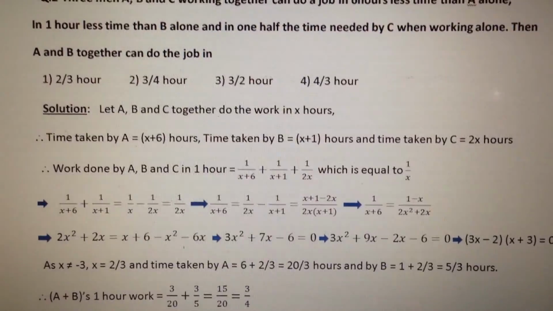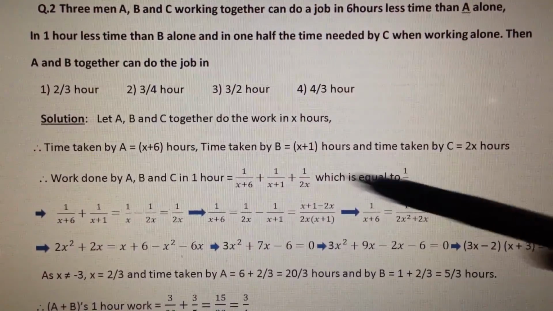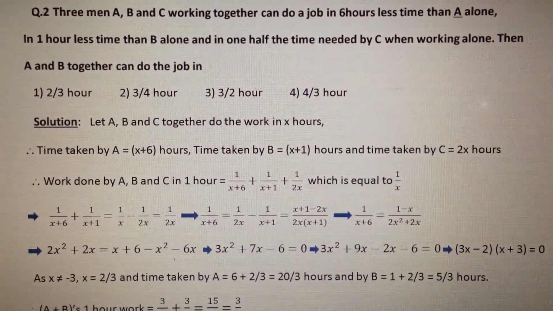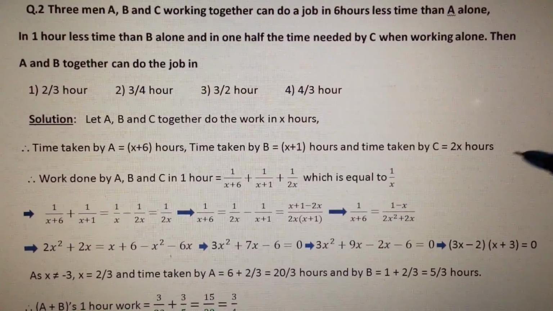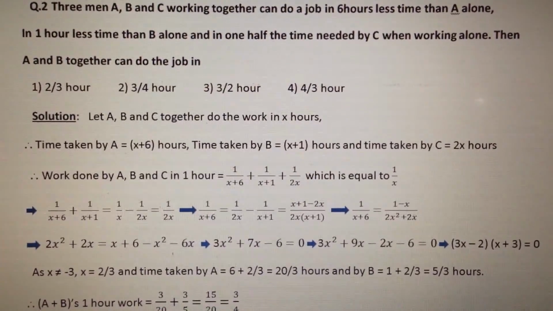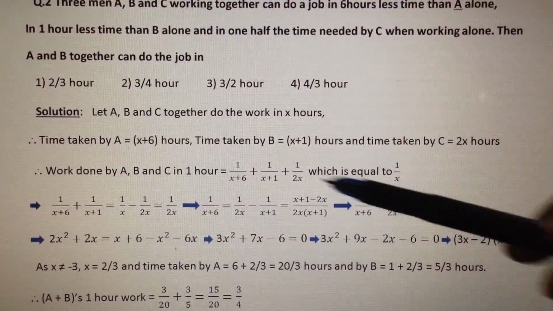So as per the question, the time taken by A is equal to X plus 6 hours, time taken by B is equal to X plus 1 hours, and time taken by C is equal to 2X hours.